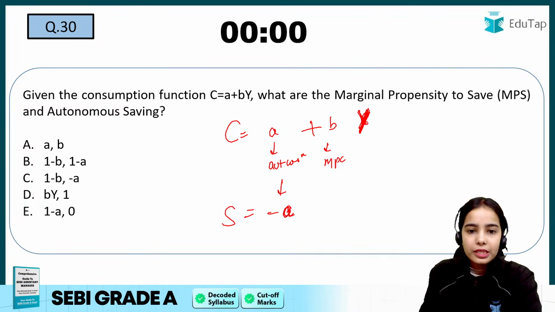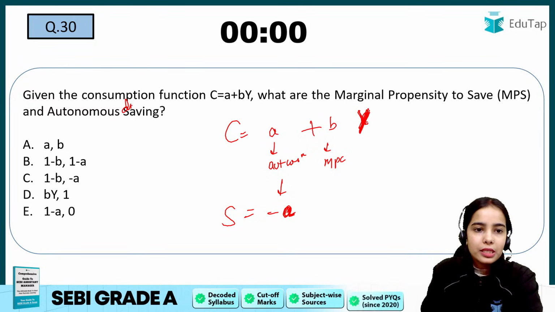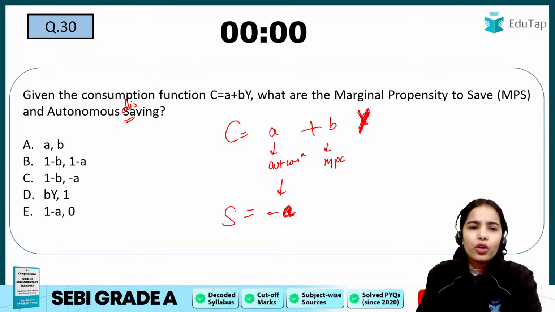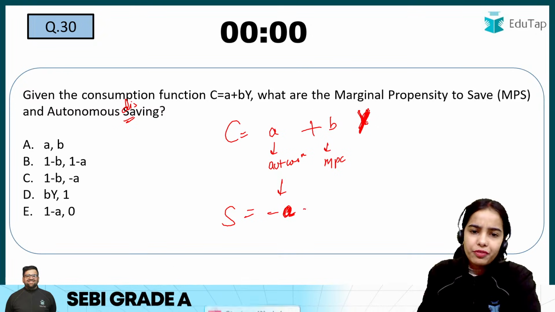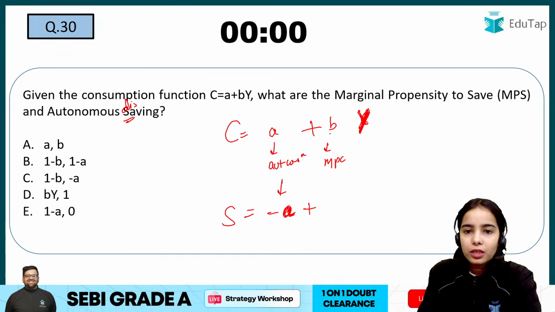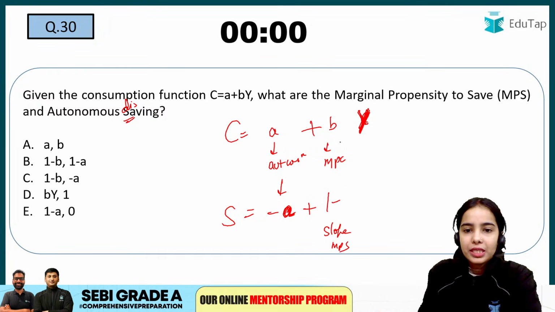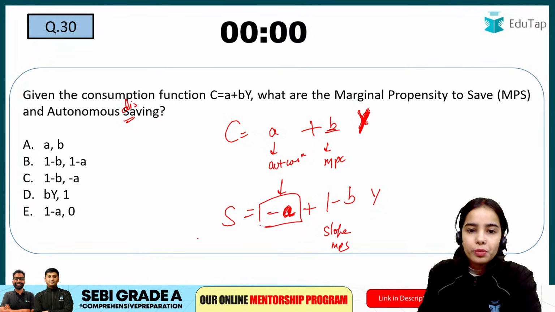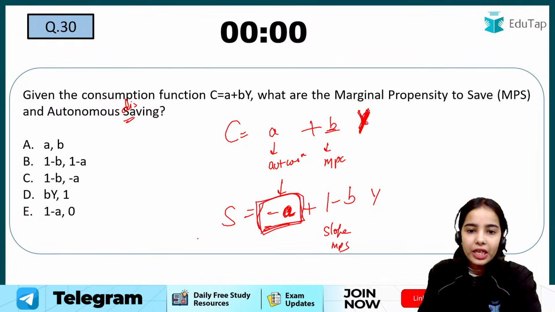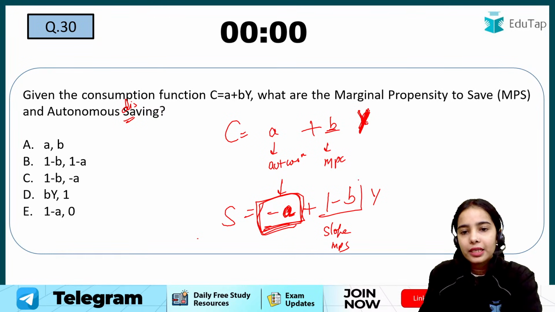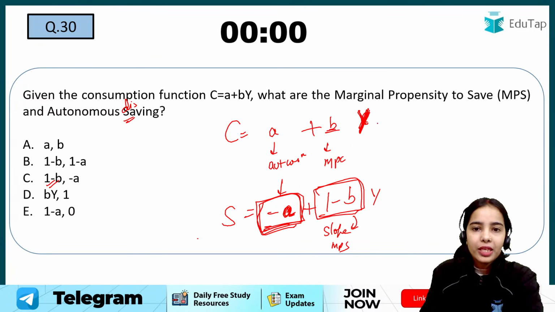This is autonomous dissaving. Plus, the slope of the saving function is the marginal propensity to save, that is 1 minus MPC, that is 1 minus B. So 1 minus B is the MPS, along with autonomous saving.